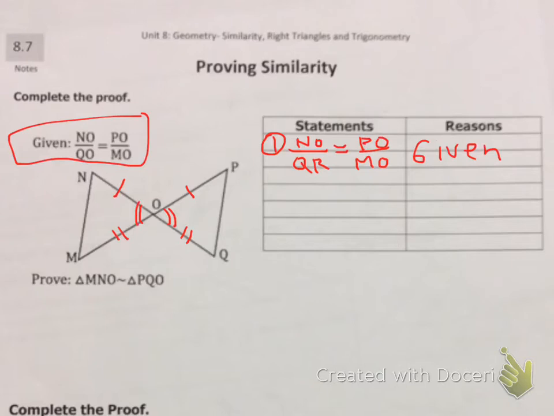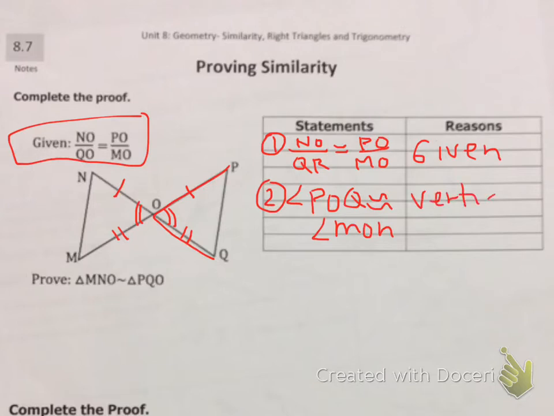And I know that those two angles are congruent because they are vertical angles. So I'm going to list that angle POQ is congruent to angle MON. And the reason I can say that is because of vertical angles.